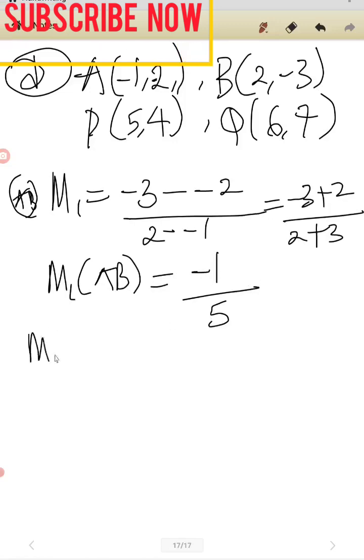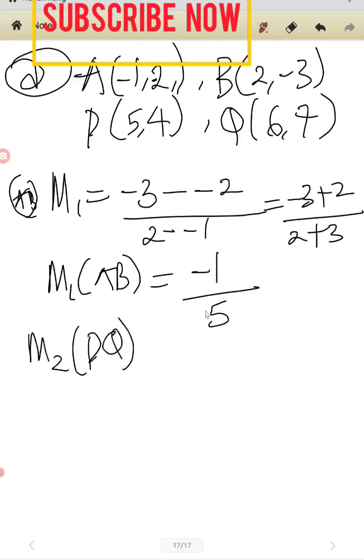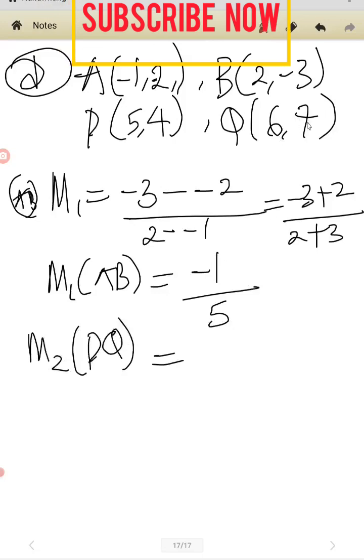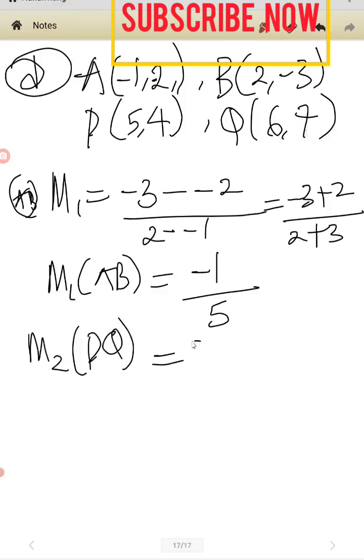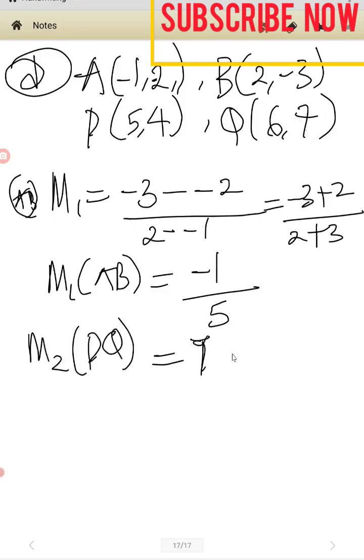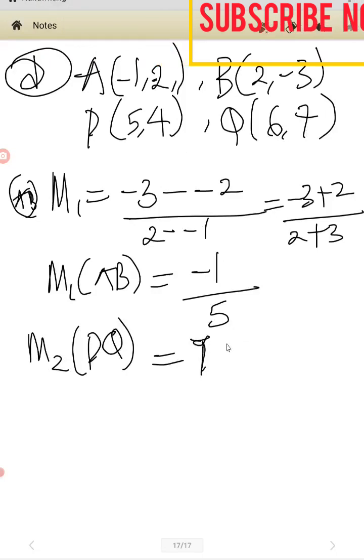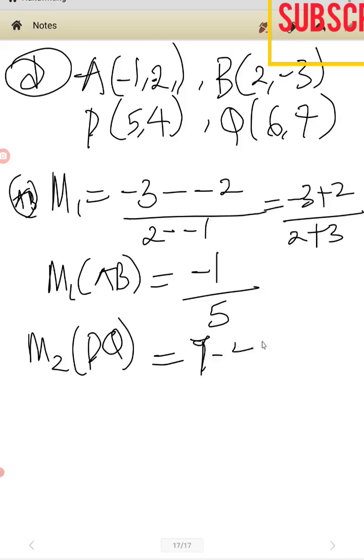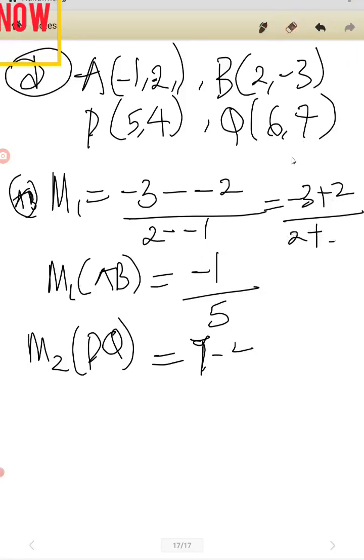Let's find the M2, the one dealing with the PQ, which is Y2 minus Y1. We have 7 minus 4. Sorry, this one is 2 plus 1 to give us 3.